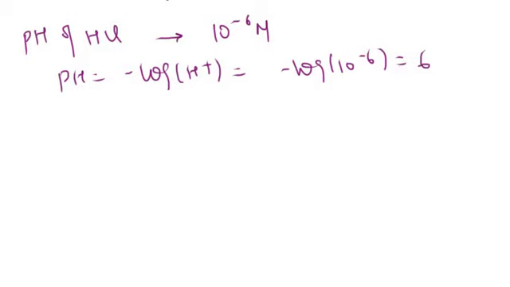So you will directly say that when HCl is 10 raised to the power minus 6, pH is 6. But let's check something.